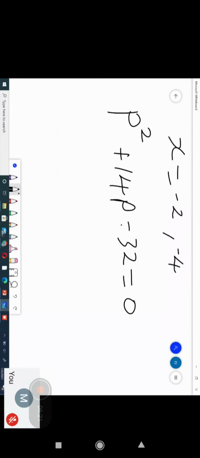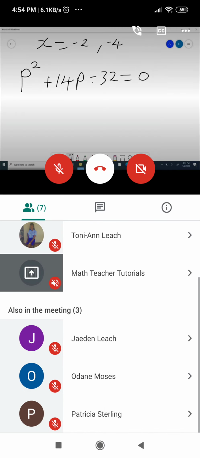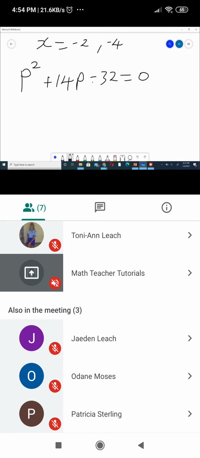P squared plus 14p minus 32 equals 0. Now, by completing the square, what would we do first? Tell me what to write if you don't know how to explain it.